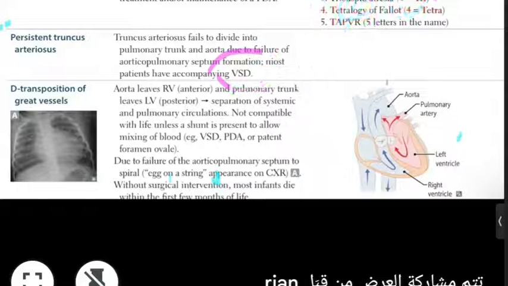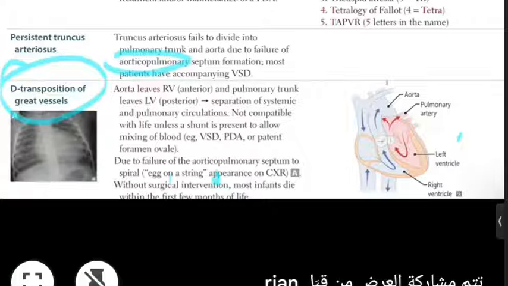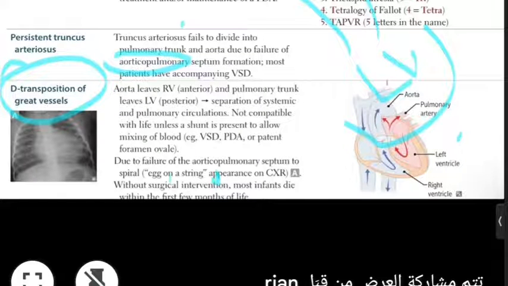Okay, now, what is the transposition of great vessels? It's actually the same concept. It's related to the aorticopulmonary trunk if it fails to spiral. What does this mean? You know that normally the aorta comes out of the left ventricle, and normally the pulmonary artery comes out of the right ventricle.